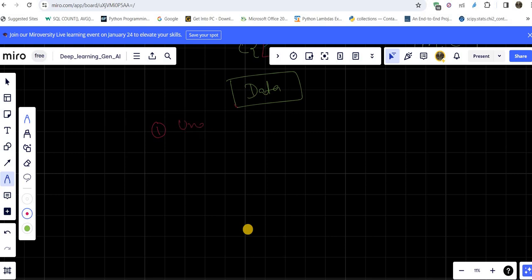First, you have to understand the problem statement, like what problem statement it actually is. After that, you have to understand the data.